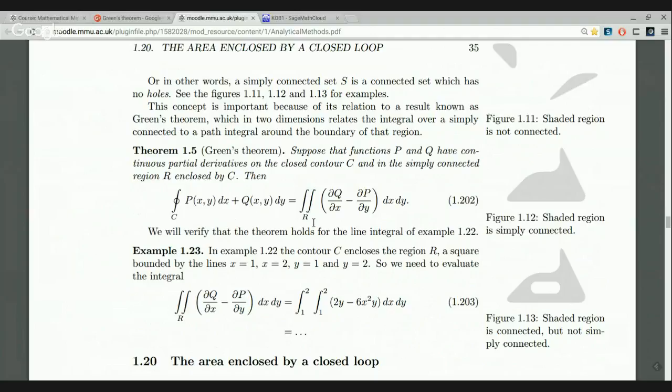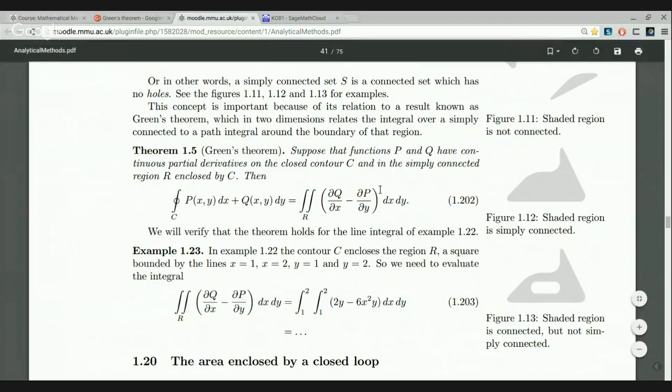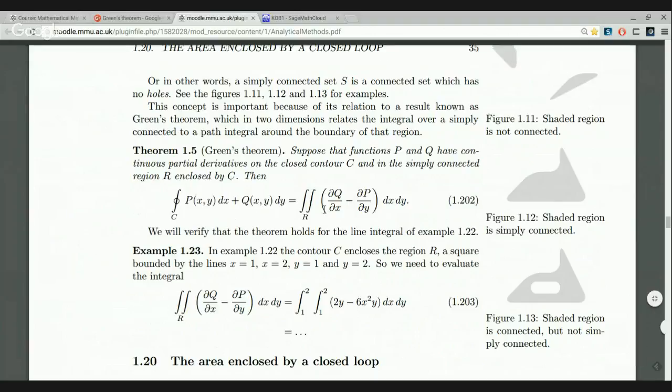Before we go into the explanation of why it's true, there's just one interesting thing to pick out about it. You could ask, the x and y seem to be treated differently here. We've got dQ/dx, but we've got minus dP/dy. In the original setup of the problem, we've got our x and y axes.